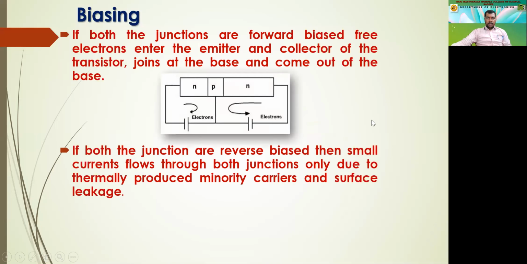So this was the biasing. The biasing is very important as far as a PN junction diode is concerned. If both the junctions are forward biased, free electrons enter the emitter and collector of the transistor, join at the base and come out of the base.